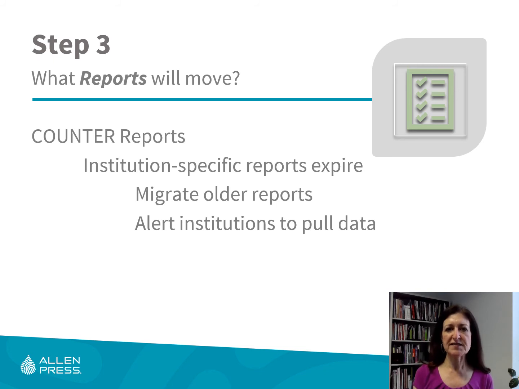So because this data is used so commonly and by probably many of your institutions that subscribe, you have a couple of options to consider. You could migrate historical reports to the new system, or you could also consider alerting the subscribing institutions that they will need to pull reports from the old platform well in advance of it being deactivated.